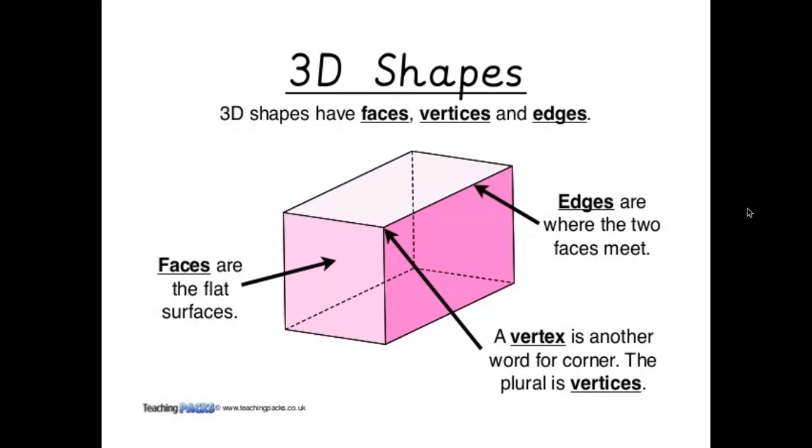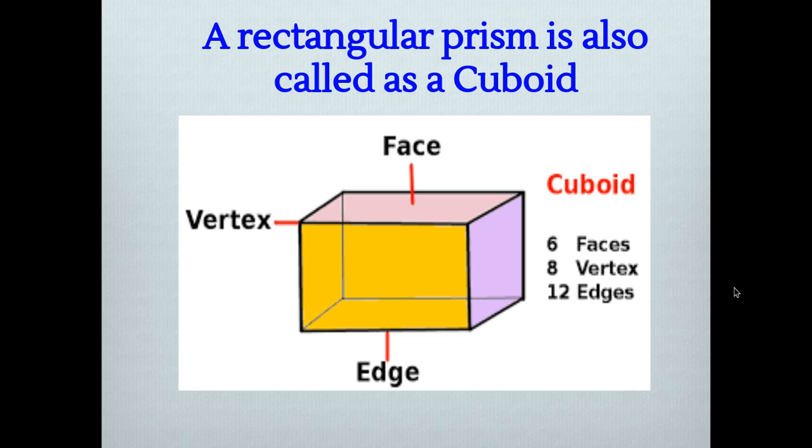3D shapes. 3D shapes have faces, vertices, and edges. A rectangular prism is also called a cuboid. A cuboid has 6 faces, 8 vertices, and 12 edges.